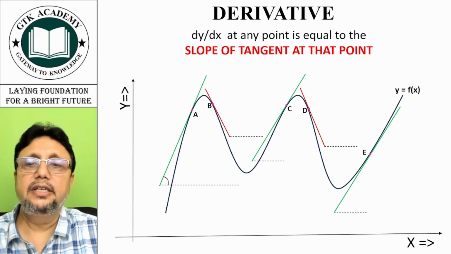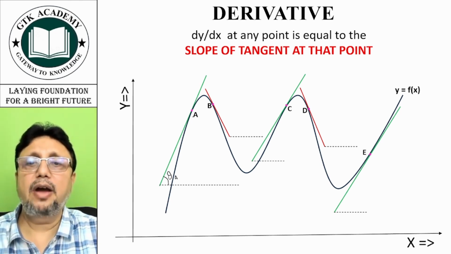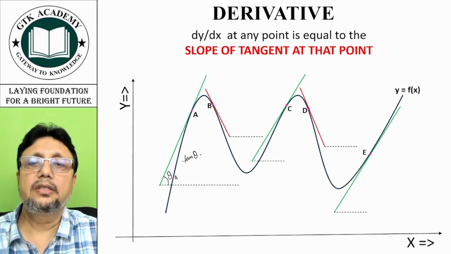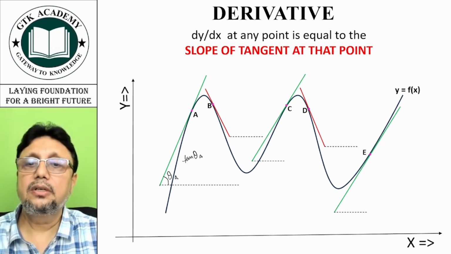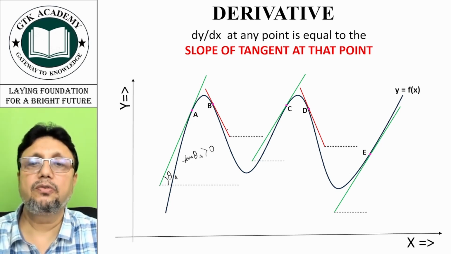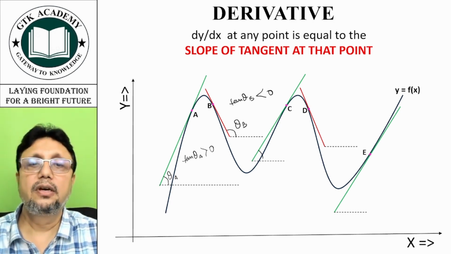If this angle is theta A, then dy by dx at A is tan of theta A. Now this angle is acute, so this is positive. Tan of acute is positive. This is theta B. dy by dx at B is equal to tan theta B, which is less than 0 because for an obtuse angle tan is negative.